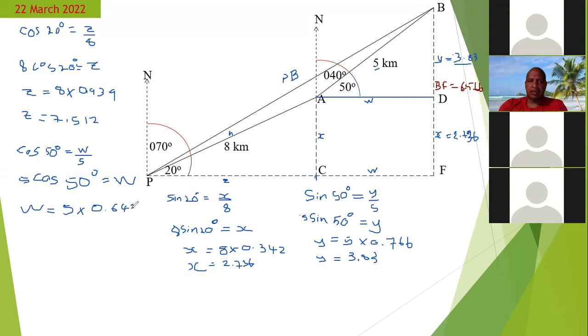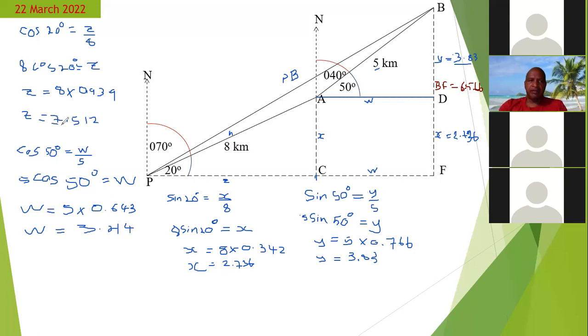And when you make that calculation, what does W equal? 3.214. All right, so now we would find the length of W.